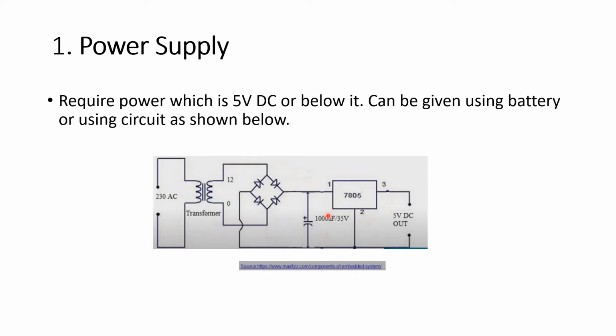This circuit we are familiar with: from the line we convert AC to DC with the help of a step down transformer and a bridge full wave rectifier. The capacitor is used for filtering to remove the ripple, and finally with the help of a 7805 voltage regulator IC, we get a 5 volt DC output. So power can be given by using a battery or a circuit as shown here.